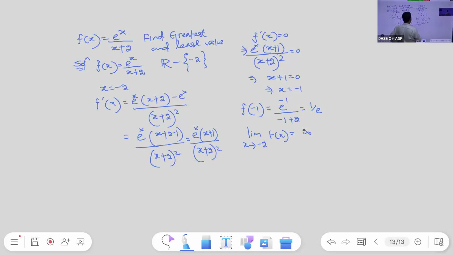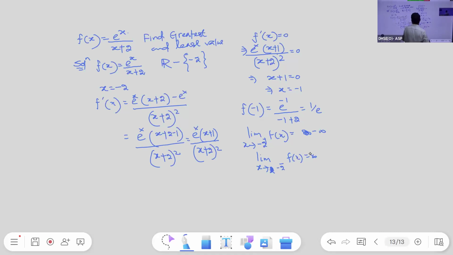As x extends to -2 plus, it will be minus infinity. As x extends to -2 minus, f of x is plus infinity.